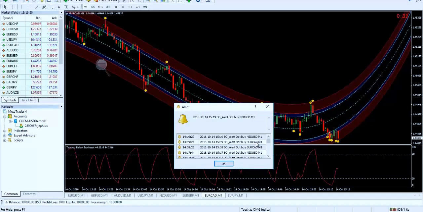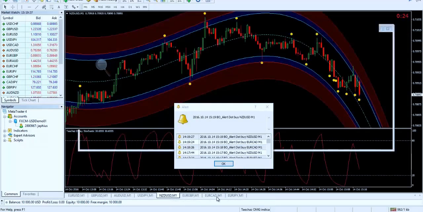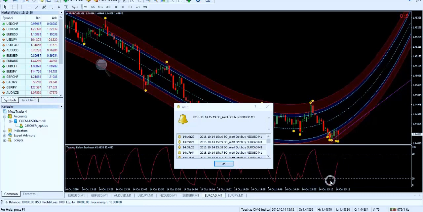New Zealand, and also okay. Okay, this one is showing that it's also an uptrend. The one we are losing right now, it's showing that it's going up, and it has actually gone out of the 20 line.